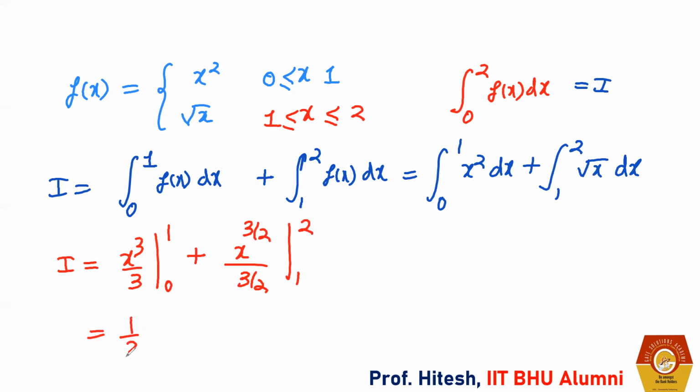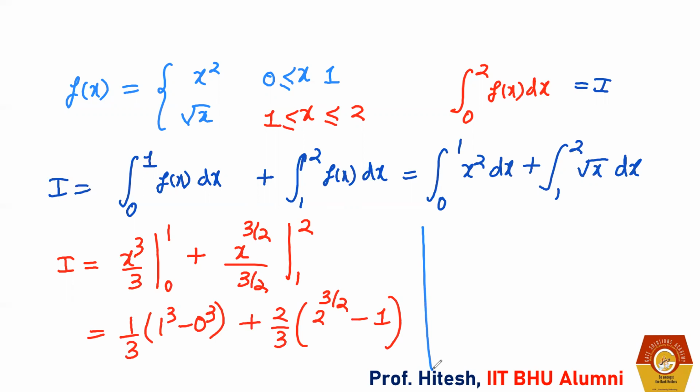So it is 1 upon 3, upper limit 1 cube minus 0 cube, plus 2 upon 3, 2 to the power 3 upon 2 minus 1. Okay, so 2 to the power 3 upon 2 is nothing but 2 root 2.